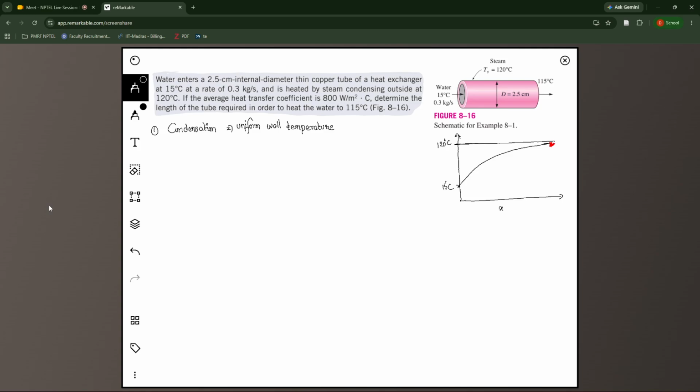So the question now asks: if the heat transfer coefficient is 800 watt per meter square, what is the length of the tube at which the temperature becomes 115 Celsius? If I draw a line like this, where this is 115 Celsius, then what is this particular x value? You can also think of it in this way. You know for sure that it will not reach 120 degrees Celsius unless you go to infinity.